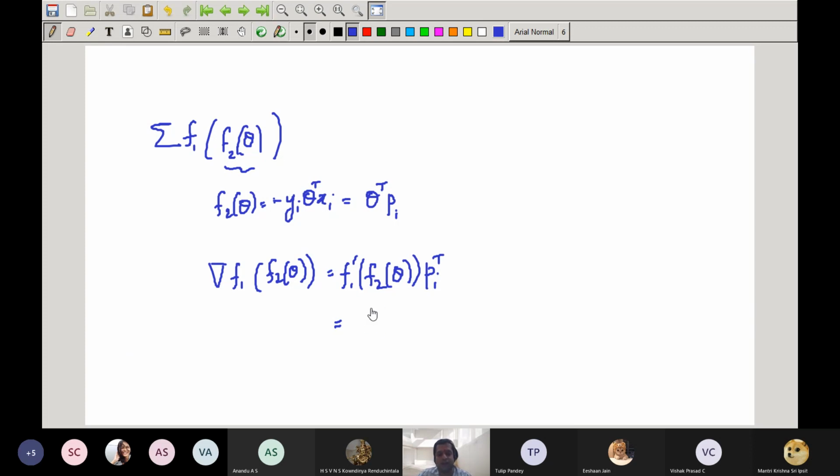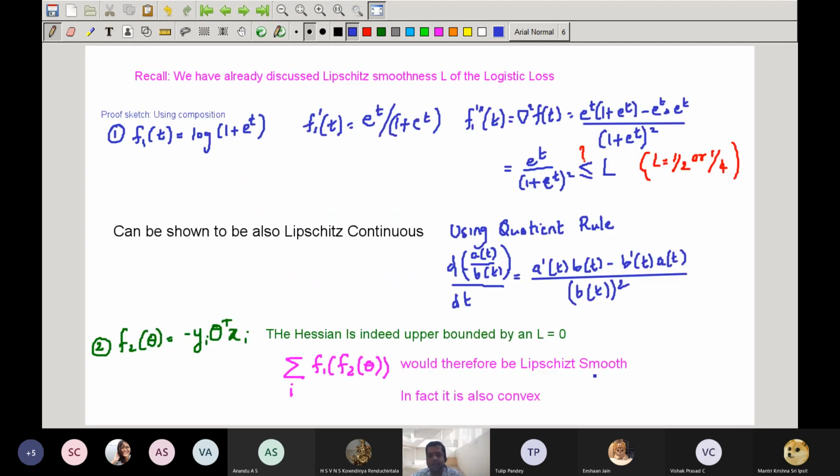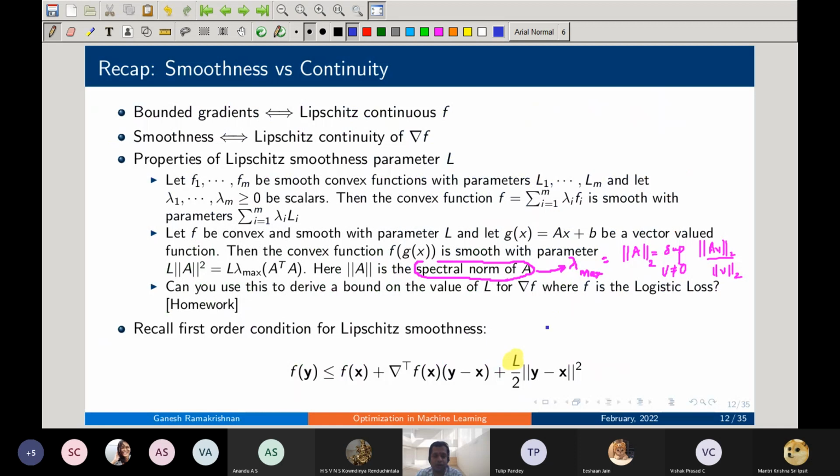Okay, F1 dash will have a scalar, but the whole idea is this will be proportional. So get the form of the expression: I think you'll have theta transpose pi transpose, something like this. This is a matrix, the matrix I'm referring to as Ai.